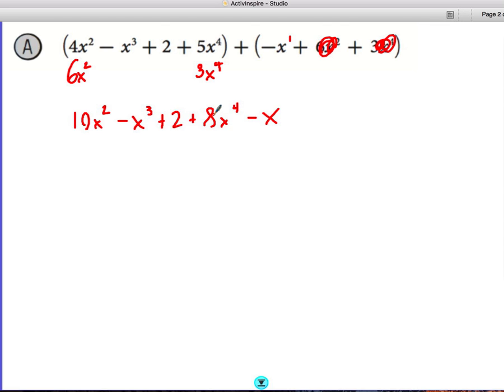Alright. Now, the last thing we have to do in order to get the final answer is to write it in standard form. To attain standard form, we make sure that the exponents are descending.